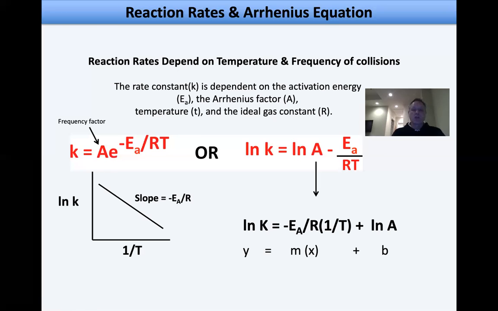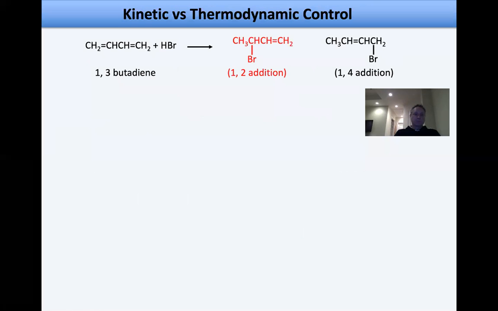In this case, we can generate a y equals mx plus b format of the equation when we start bringing in logarithms. This allows us to plot log of k over 1 over T, where the slope is negative EA over R. And this is actually how you can determine activation energies.